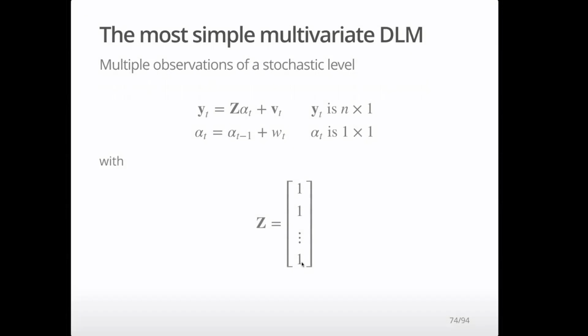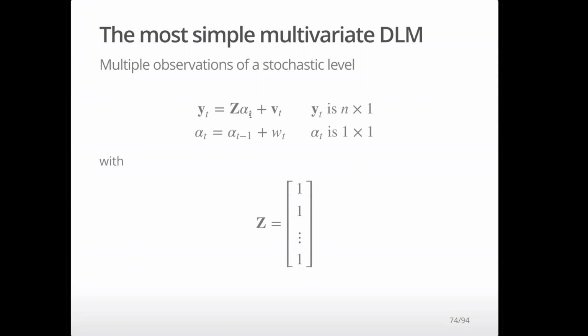Okay, so we talked about the most simple univariate DLM was just a random walk observed with error. Well, now the most simple multivariate DLM is going to be multiple observations of a stochastic level. So now we have a vector of observations, right? Here's our temperature in Bellingham, Mount Vernon, Seattle, Tacoma, Olympia. And we need a matrix here, Z, to map the observations onto the states.